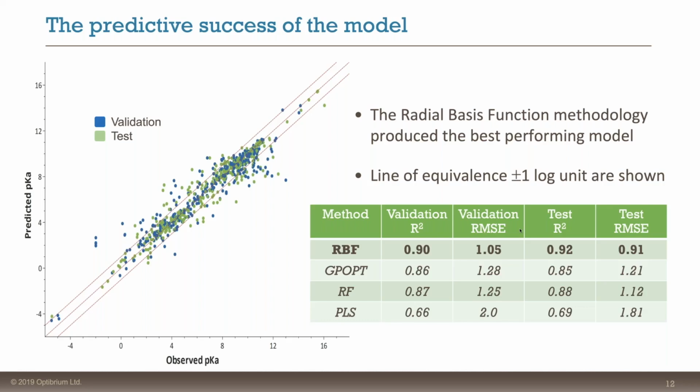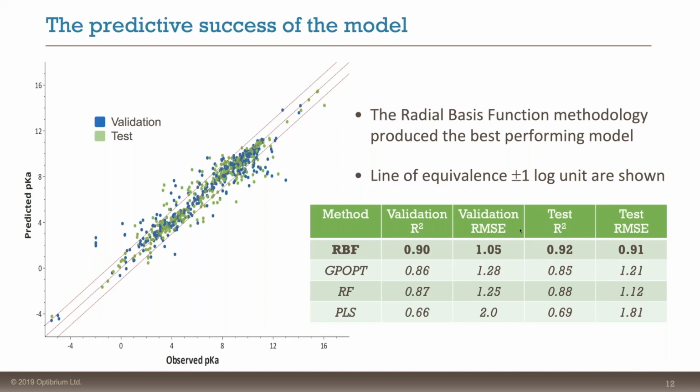RBF stands for radial basis function. And this performs better than the random forests, PLS, and Gaussian processes, which are listed in the table. Not only on the coefficient of determination, R squared, how those points compare to that line of equivalence, the identity line, but also the root mean squared errors.